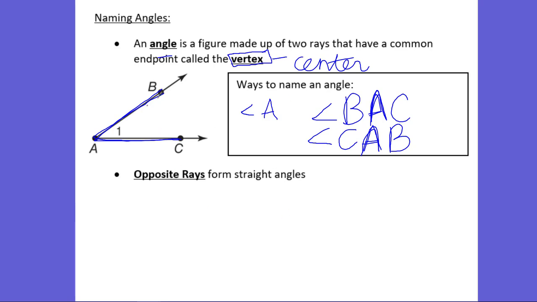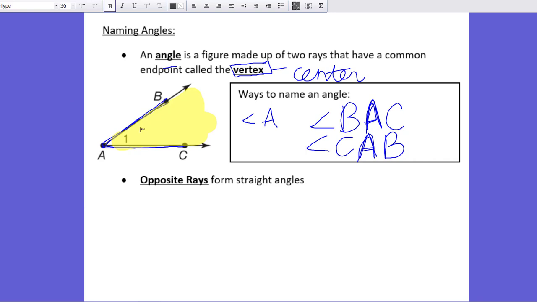And then other times you're going to see a number in the interior of your angle. So think of all this space. This is the interior of your angle. This is all the interior, and so then this stuff out here is the exterior.